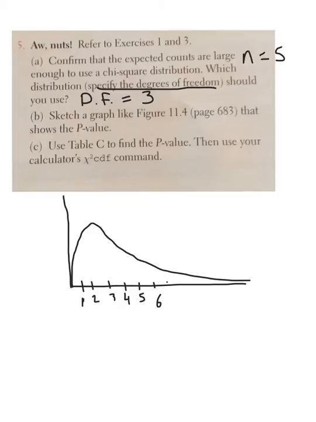Let's look at letter C. Use table C to find the p-value, then use your calculator, and that is the chi-square CDF command. So let's just use the calculator. In the calculator, I'm going to go to second and vars and down to chi-square CDF, just like they say.